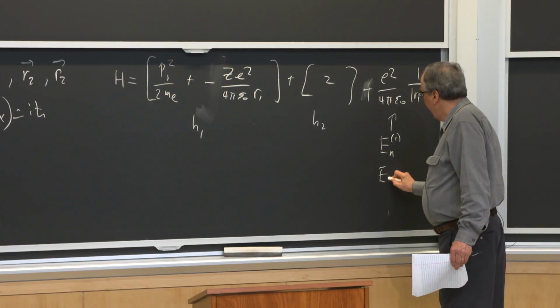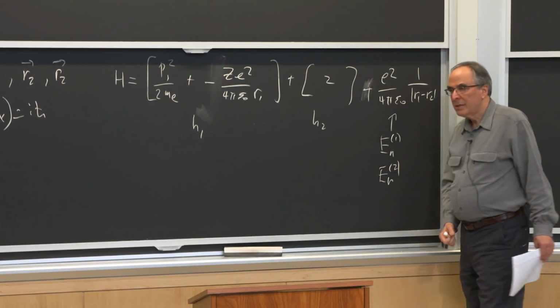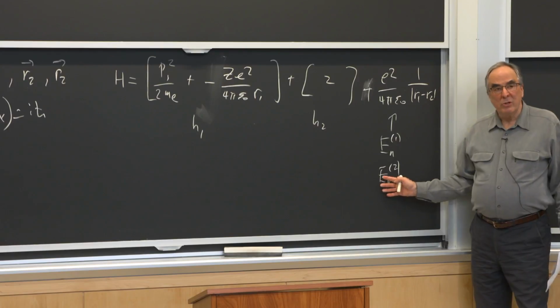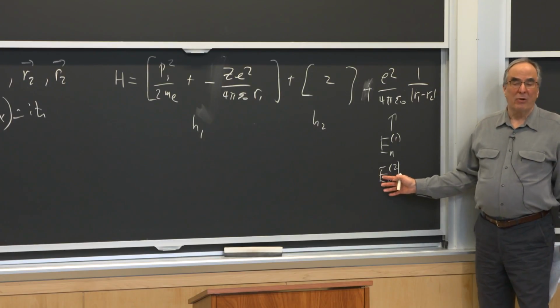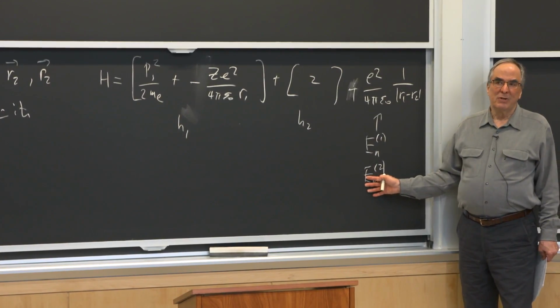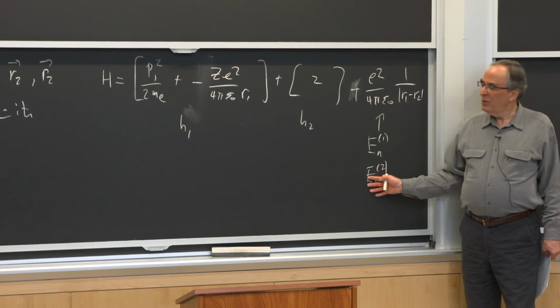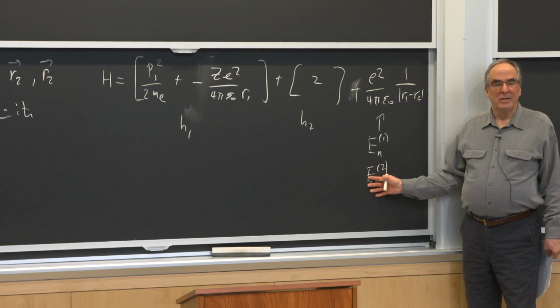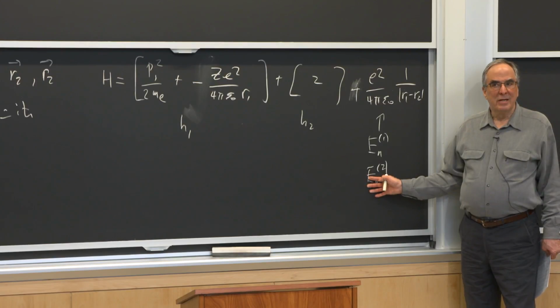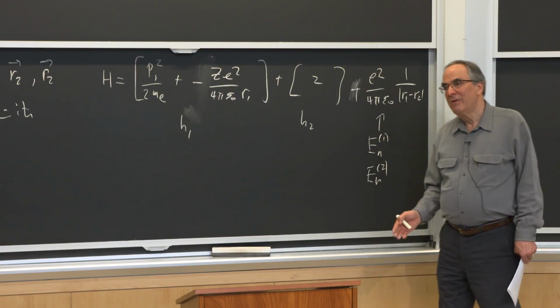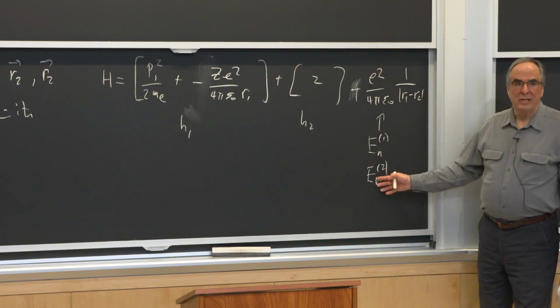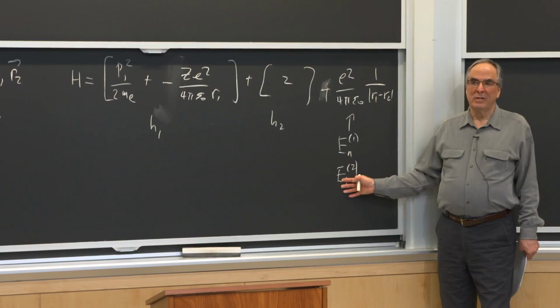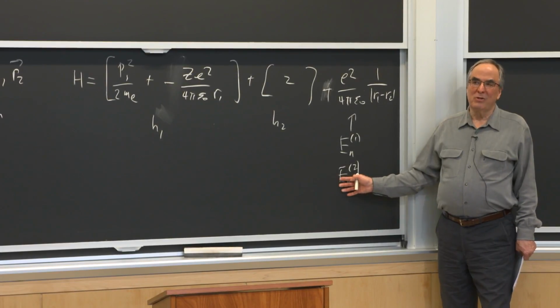But what about this? When we do perturbation theory and calculate the second order corrections to the energy, what is that usually? What do you have to do to get these second order energies in an infinite dimension problem?